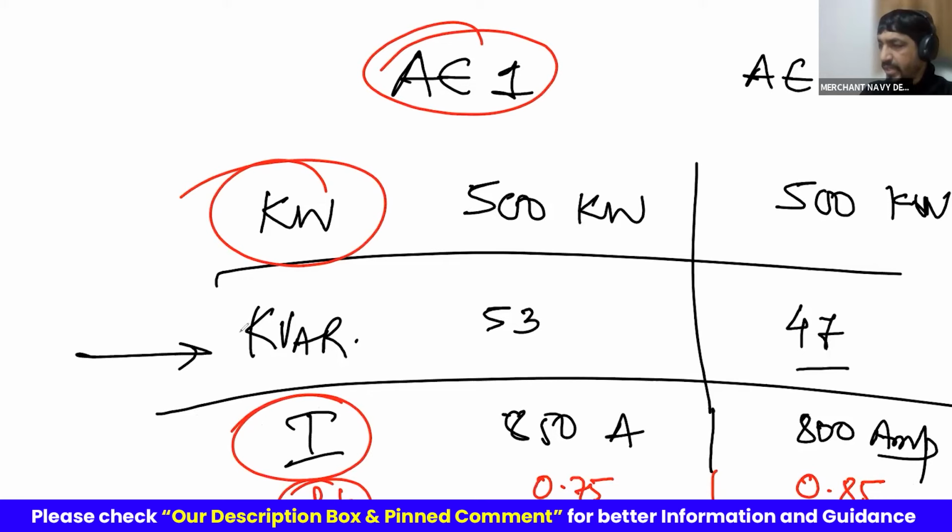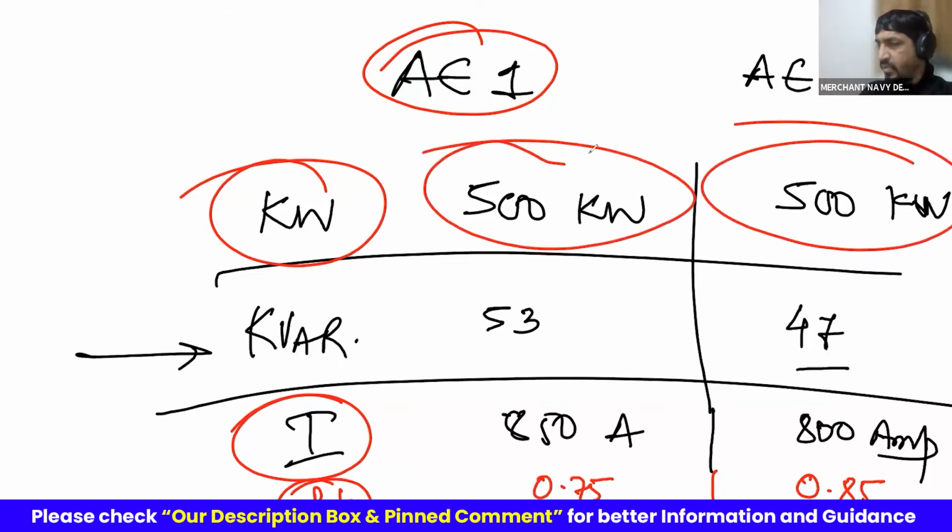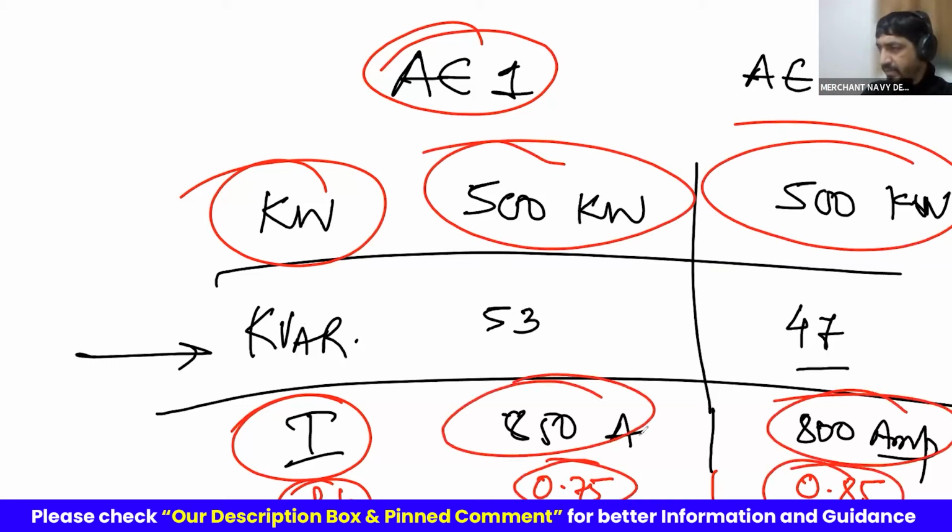Now looking at the situation, you can come to know what is happening. Both generators are sharing equal kilowatt load, but their power factor is different, and their current is also different. That means the one which is carrying higher current is sharing more kVAR load.